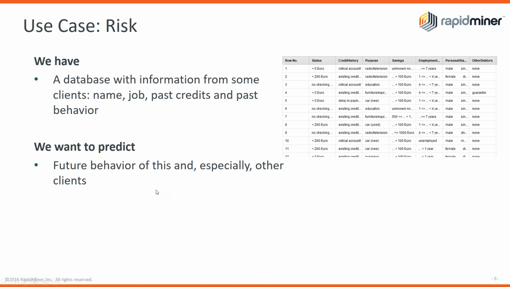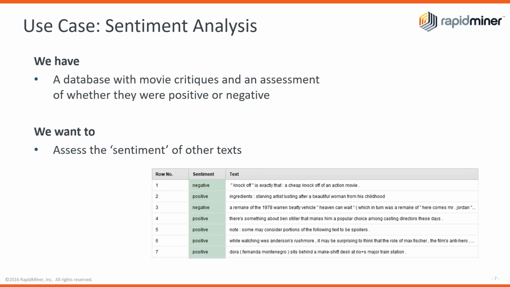Let me go back for a minute to the slides, because then there is this second use case, which is sentiment analysis. In this case, what we have is a database with movie critics, so basically people saying things about different movies, and then someone has made an assessment saying this was a positive comment, negative comment, and so on.